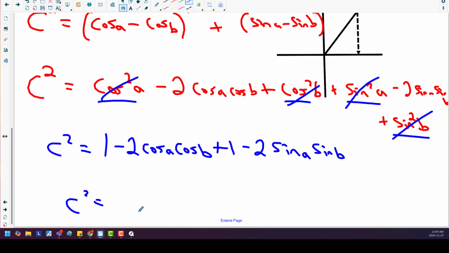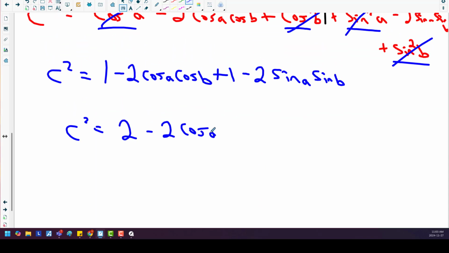And c squared is equal to 2 minus 2 cos A cos B minus 2 sine A sine B. So this is going to be one equation here.